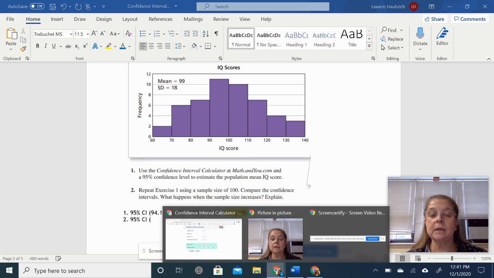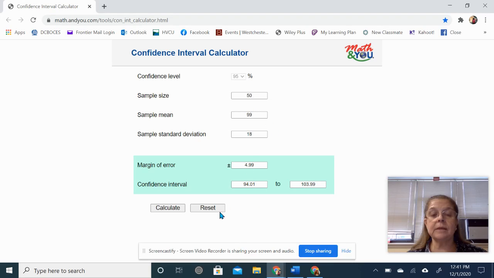So going back to this, I have to hit reset. We're leaving this at 95. We're changing our sample size to 100. 99, 18. As soon as I put the 18 in, notice how the word calculate will now get highlighted and I can click it.